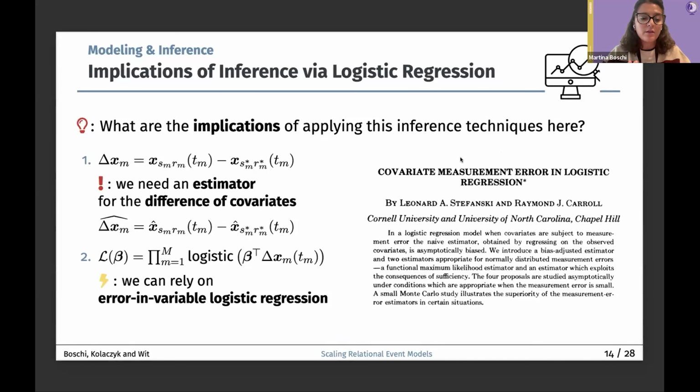I have two sources of randomness and I need to account for that. Also, since I deal with a logistic, I can exploit the literature that has been developed for logistic regression, which is way easier than what you would have for event history models.